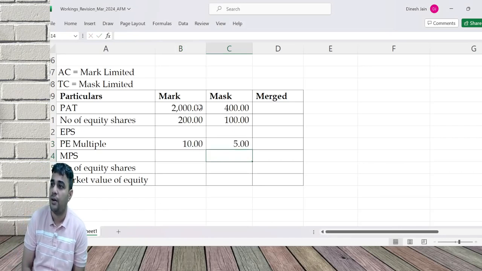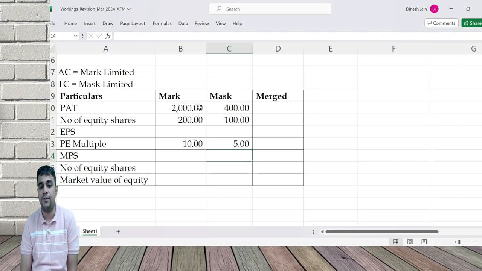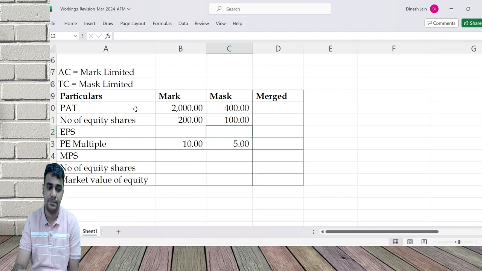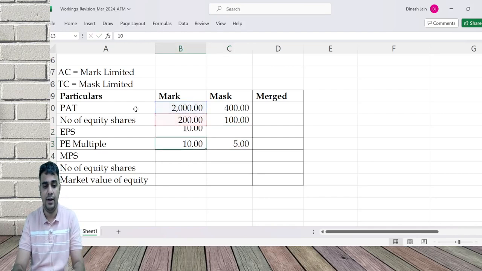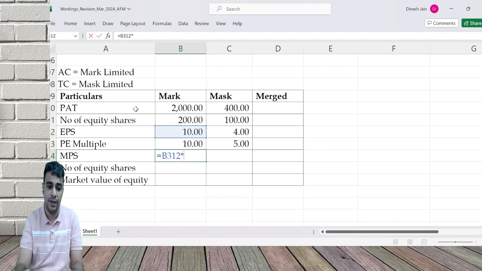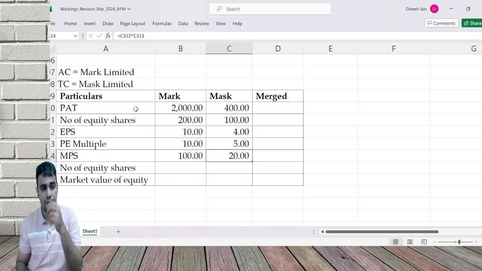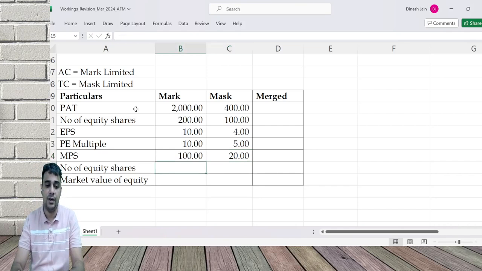The balance automatically, the format is going to give you. EPS was 10 and 4. Earnings are 10 into 10 and 4 into 5. Number of shares continues to be 200 and 100.